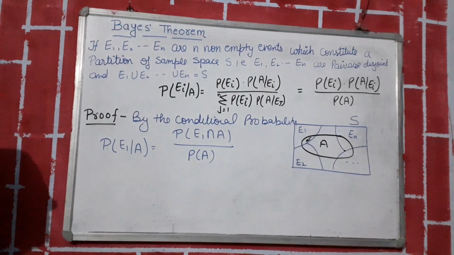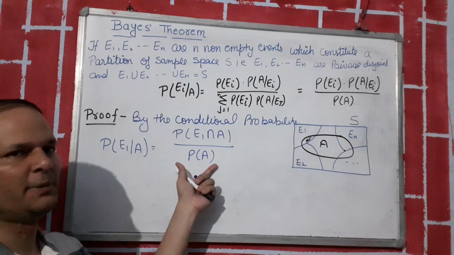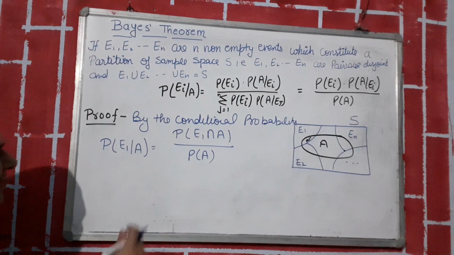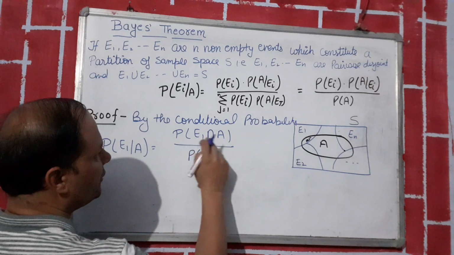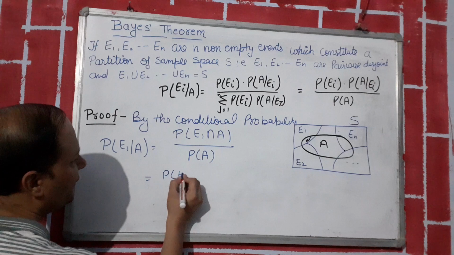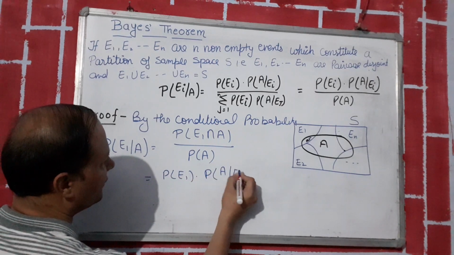In the previous lecture we already discussed how we can find out the total probability of A, that is called P(A). By the multiplication rule we know that it will be equal to P(E1) into probability of A upon E1.